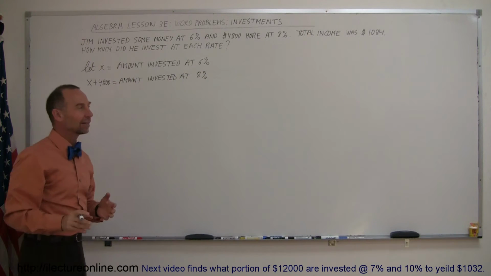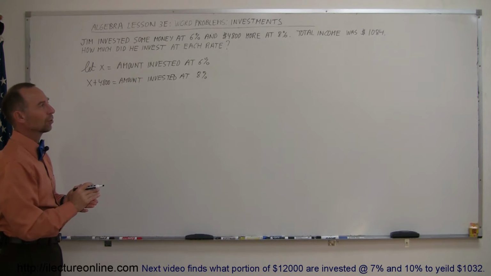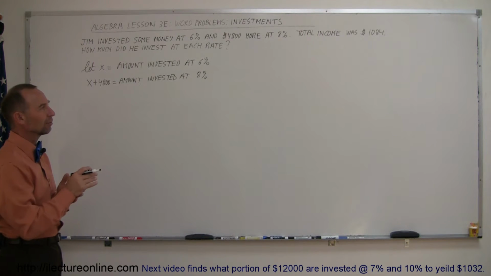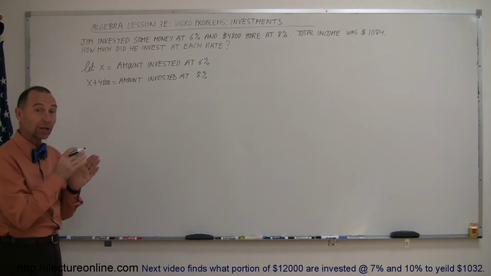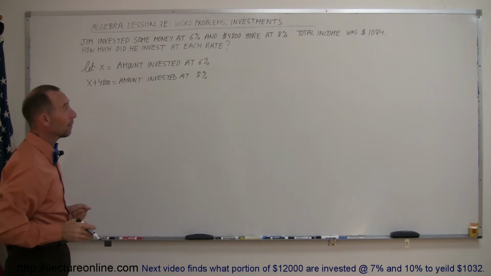So now we need to find an equation. And so we know that his total income was $1,084, so we can say that the amount earned at 6% plus the amount earned at 8% should add up to the total amount earned.